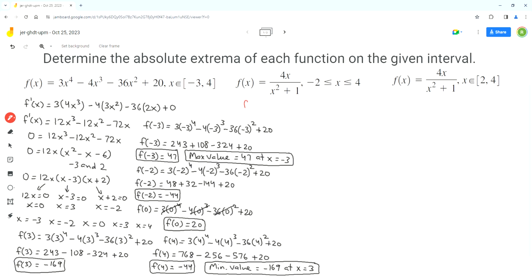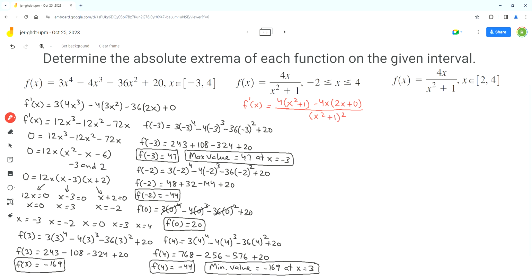So f prime of x equals, we start with the derivative of the numerator, which is 4, times the denominator x squared plus 1, minus the numerator expression times the derivative of the denominator, which is 2x plus 0, over the square of the denominator.